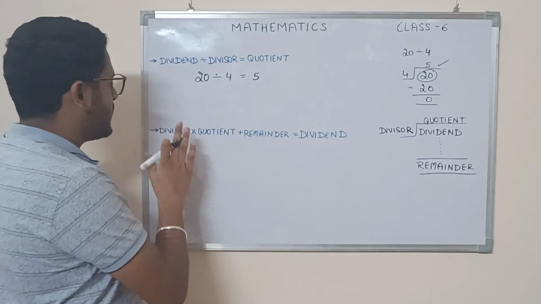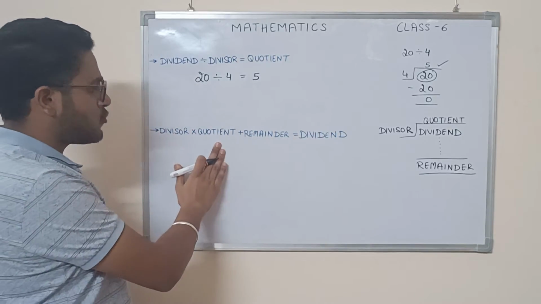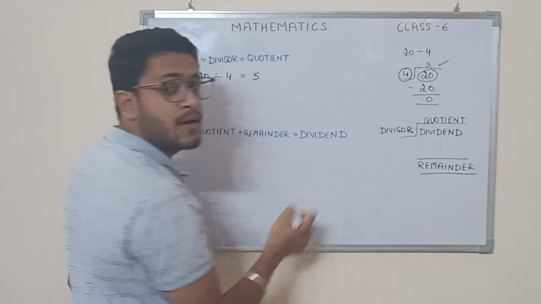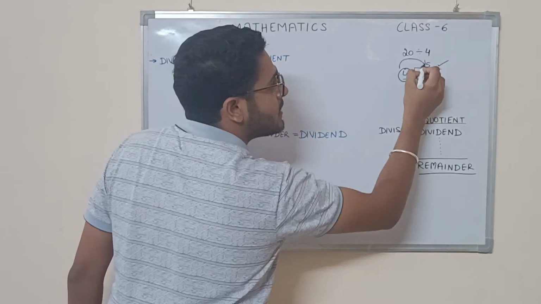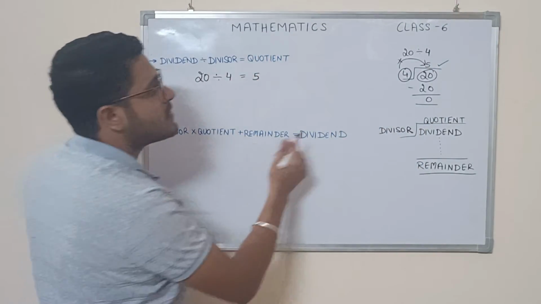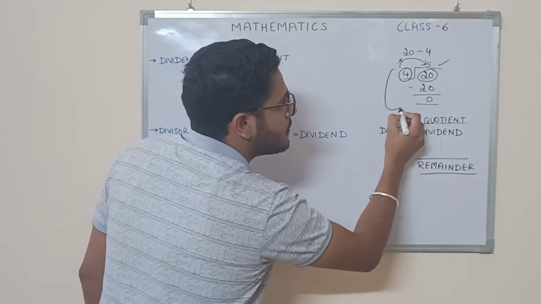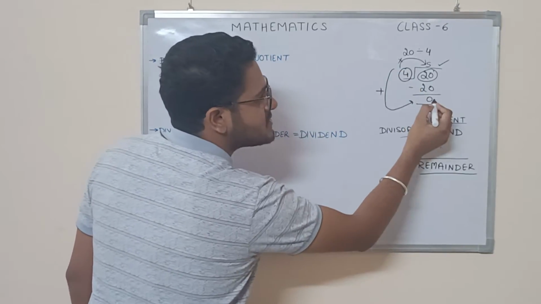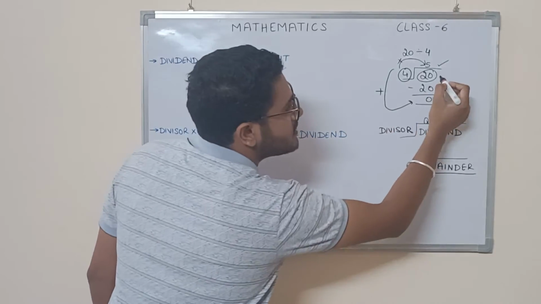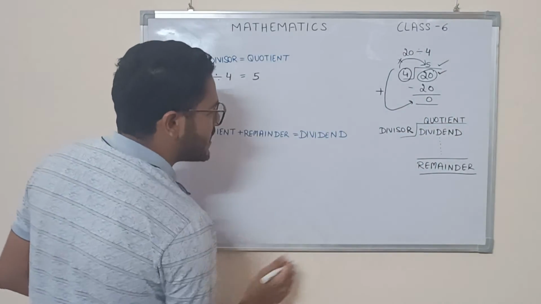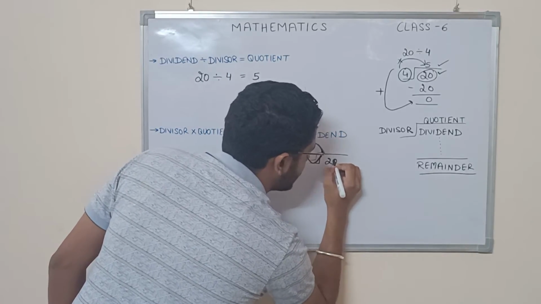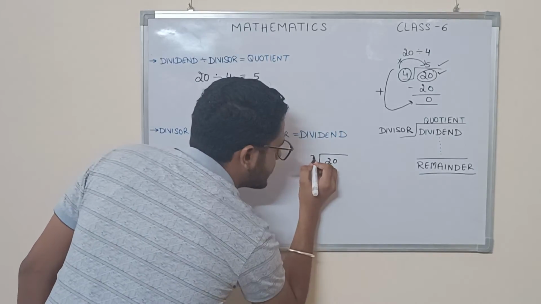Now the next thing: divisor multiplied by quotient plus remainder will give us dividend. Dividend is this value. Let's try to understand this with an example. Let's say we do 20 divided by 3.